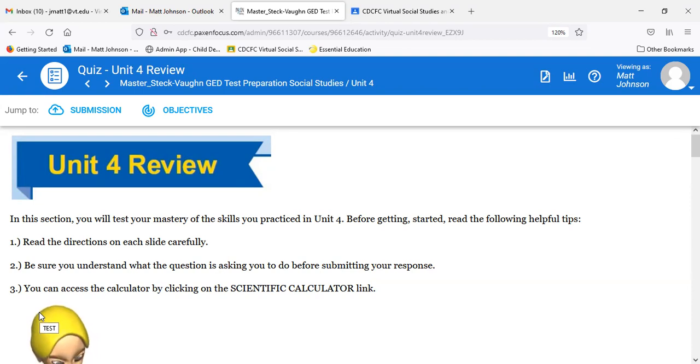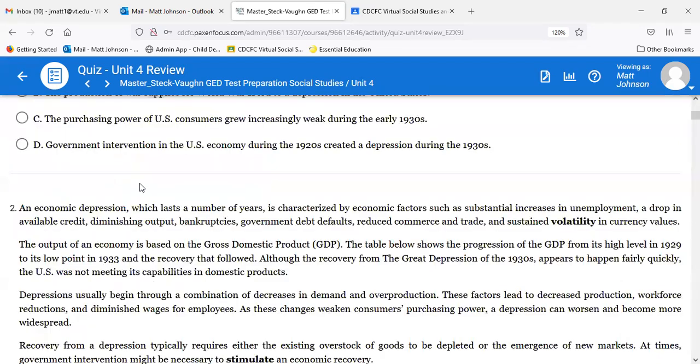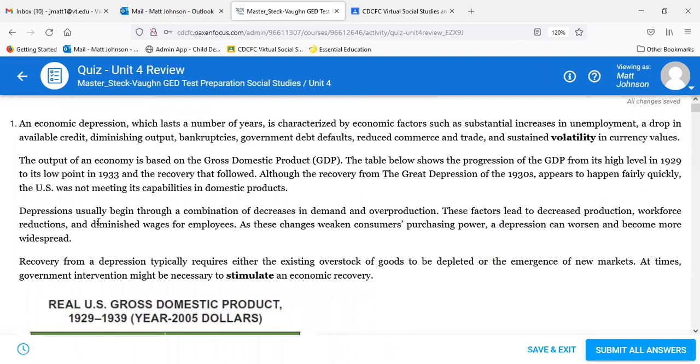So we looked at multi-bar graphs, multi-line graphs yesterday, and pictographs and things like that. So we'll put that all together as we go through the unit here, and let's take a look. We'll get started. We'll see how things go. Quite a few questions. Okay, and some reading, of course.